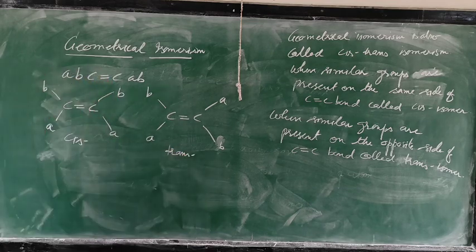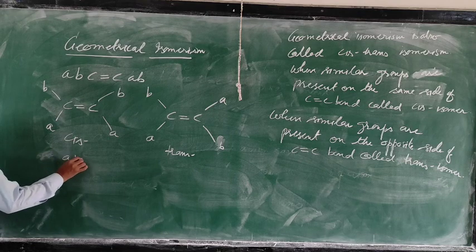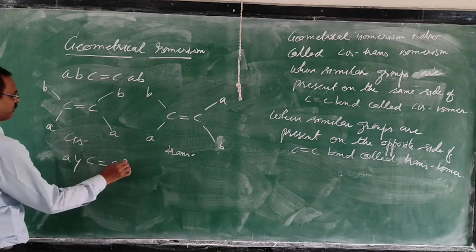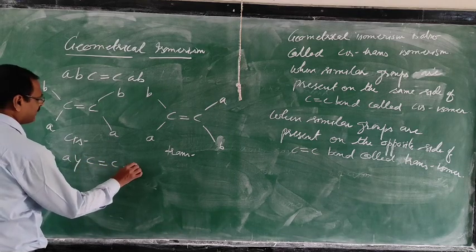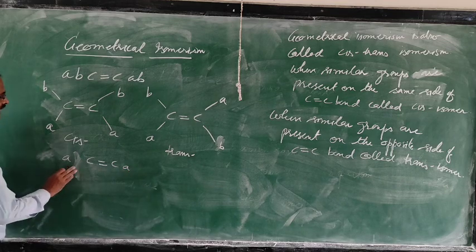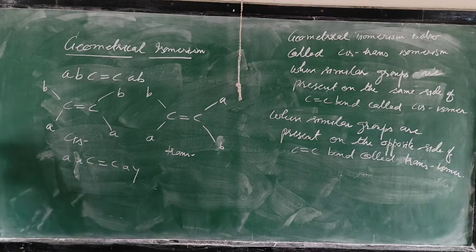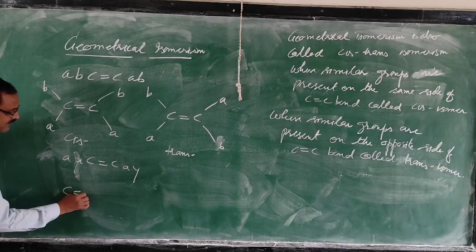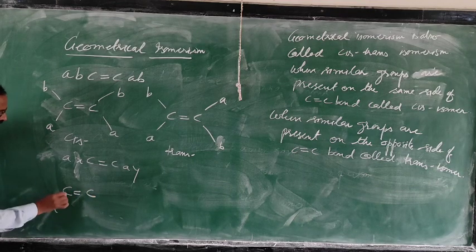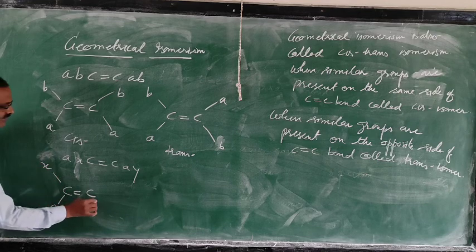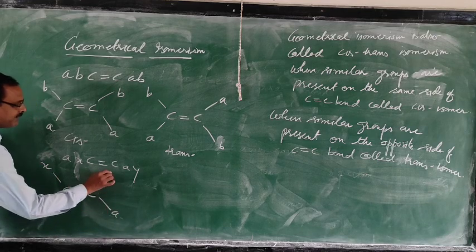One more example we have taken, AX C double bond C, AX and AY. Here you see this carbon-carbon double bond, similar groups are present on the same side of the carbon-carbon double bond.